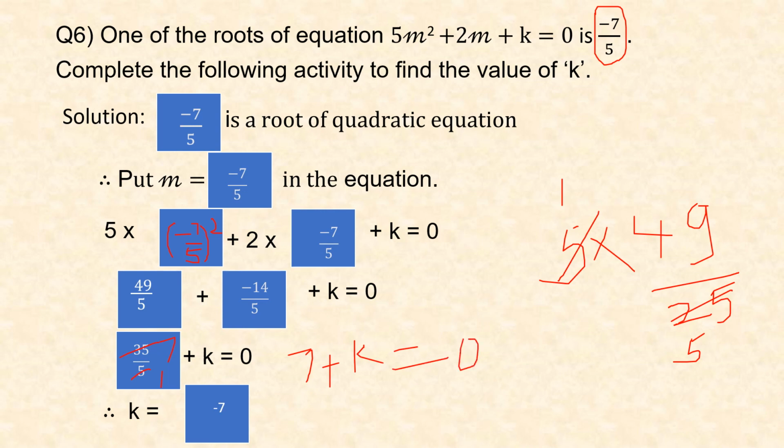Therefore, k is equal to minus 7, because this plus 7 brought to the right hand side becomes minus 7.